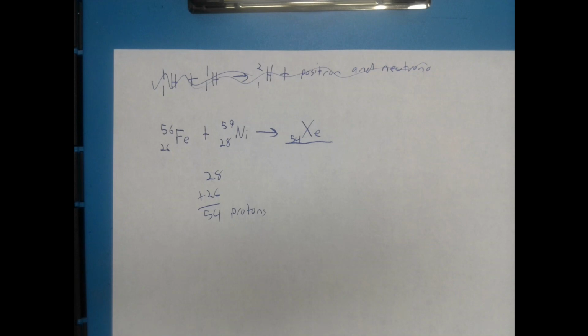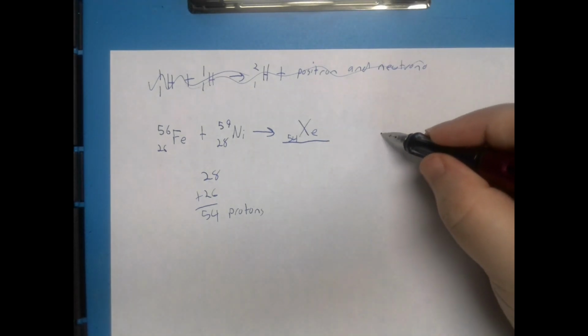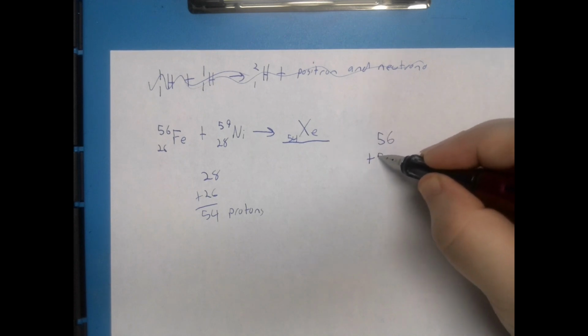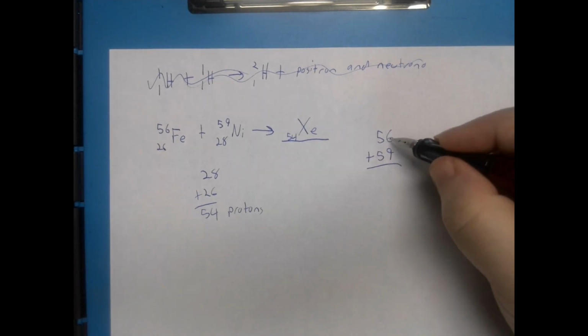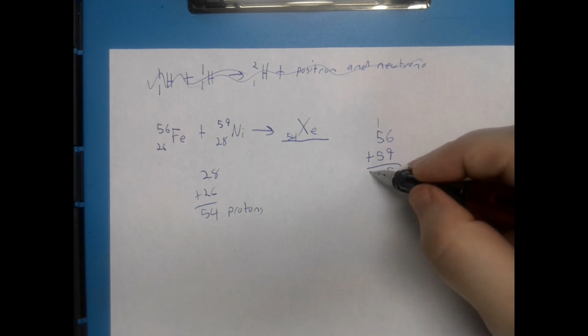And what will be the mass number of xenon? 56 plus 59. 9 plus 6 is 15. 5 plus 5 and plus an additional 1.